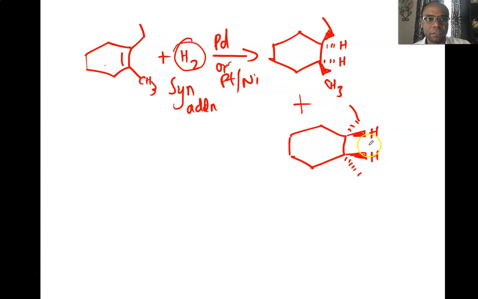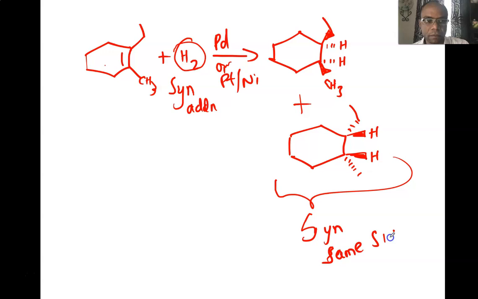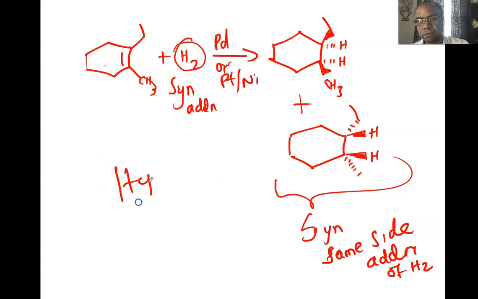Okay, so again, these two products illustrate syn or same face addition, same side addition of the reagent, which in this case is hydrogen, in the reaction we call hydrogenation.